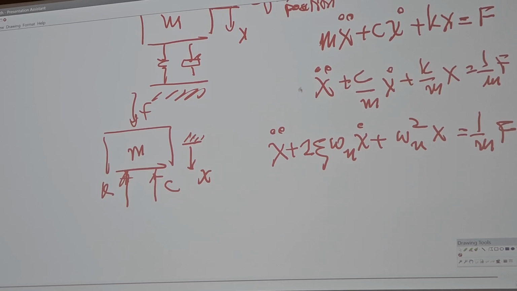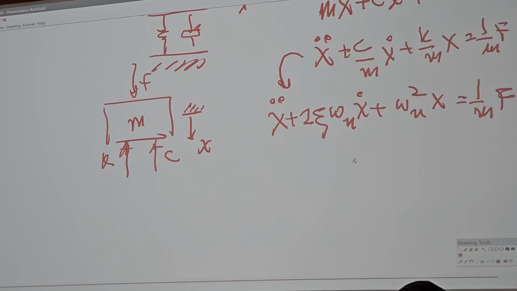You see, this one can be converted to this form, right? For example, omega n equal to square root of k over m. This is a very important form. You will see it a lot in the future, right?